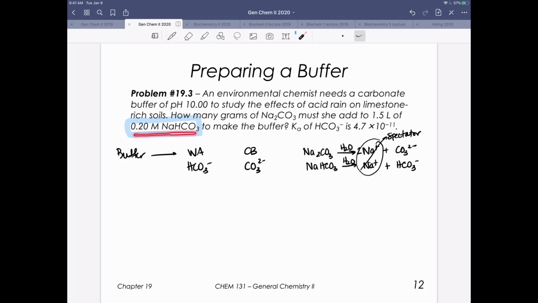They tell us the concentration that we want to have of this sodium bicarbonate. We know the Ka, so we can get the pKa of our bicarbonate, and we know the pH that we want to be at. So if we think about the Henderson-Hasselbalch equation, we basically can solve for the concentration of carbonate that we need.